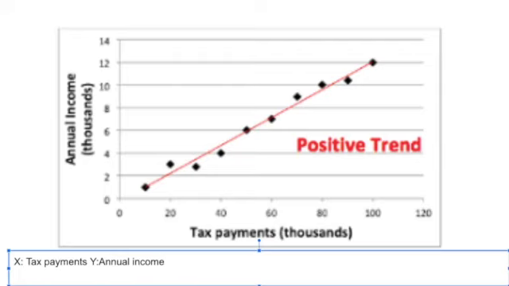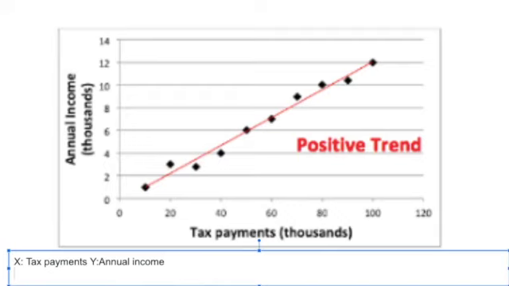So it's comparing, well, something about tax payments. I don't have this actual graph's context. Comparing the thousands of tax payments, or how many, I guess it's how many people pay that much tax, compared to the annual income in thousands.